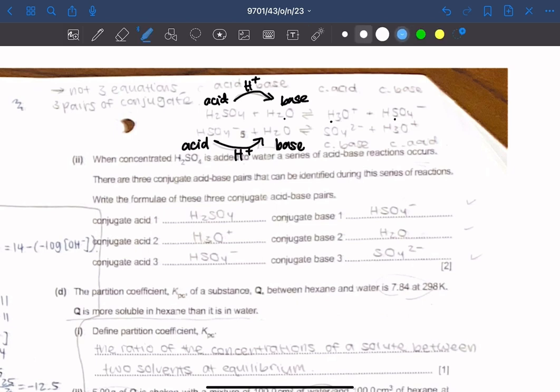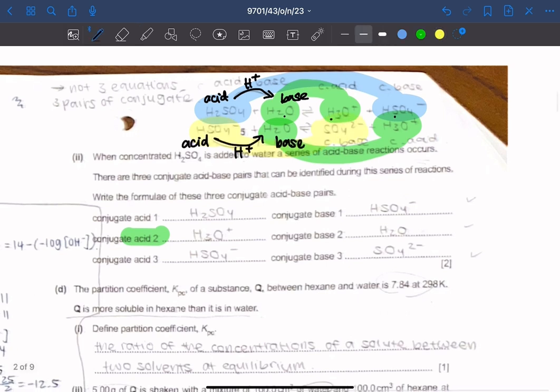Then H3O+ here, because it says conjugate acid. The conjugate acid in this case is the one after, and H2O. And because there's another H2O here and H3O+, there's that pairing in both of the equations. And the final pairing is HSO4− and SO4 2−. List them all here, and you're done.